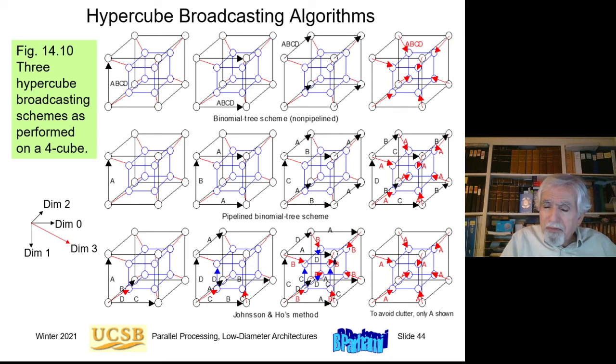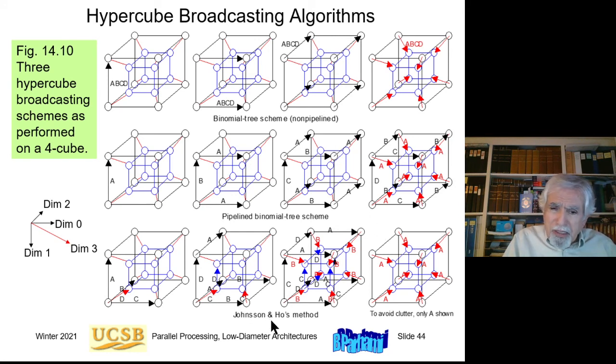So even though it saves time because we are pipelining the broadcast, in this step, for example, you see that this node is sending A to this neighbor, sending B to this neighbor, it's sending C to that neighbor. So it has to have the ability to communicate with multiple neighbors at once. Whereas in the original binomial broadcast tree algorithm, each node communicated with one neighbor at a time.